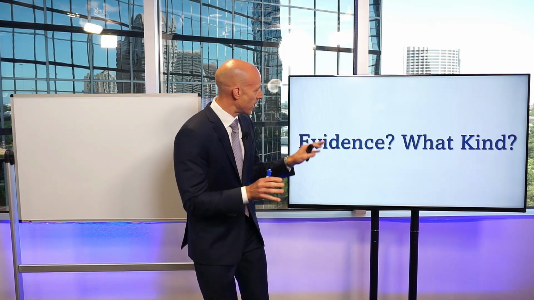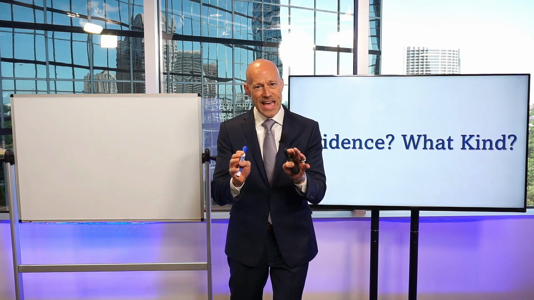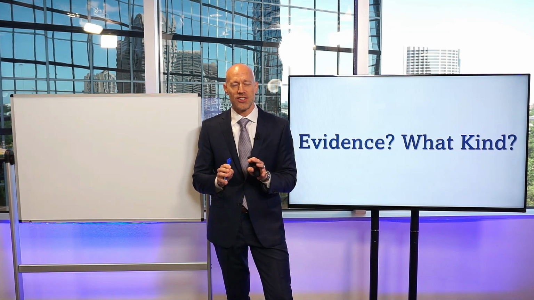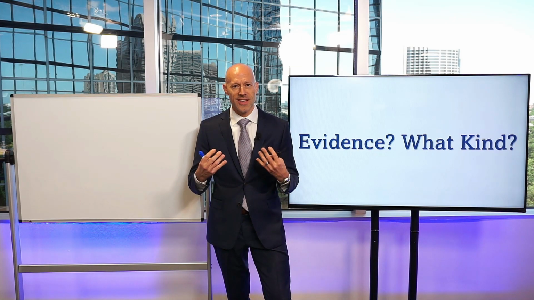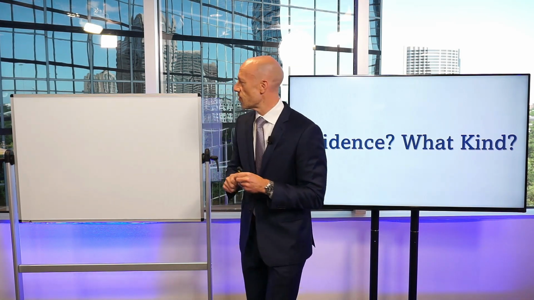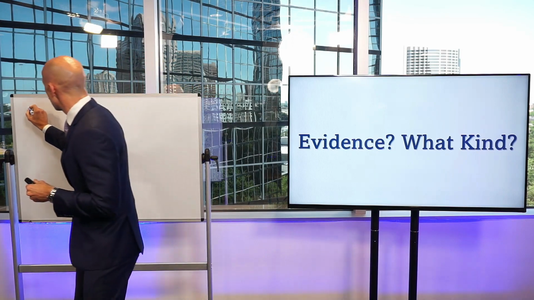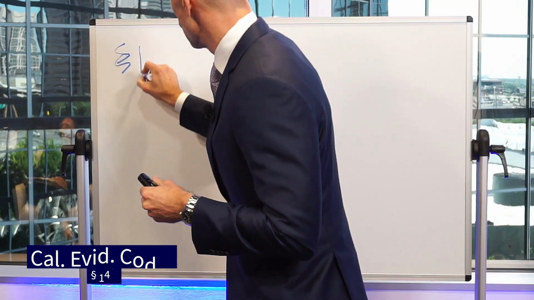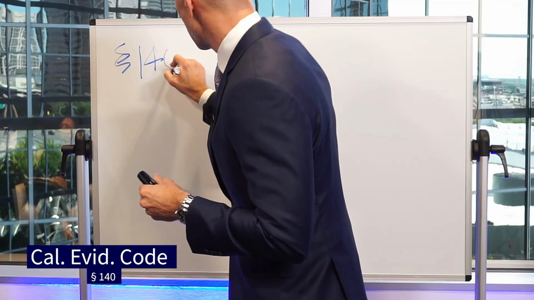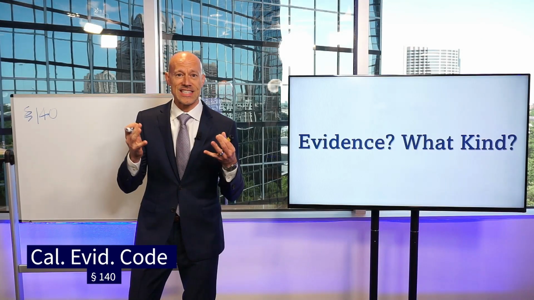And so, when it comes to information on social media, the question, is it evidence? The answer is yes, but let's base it not just on our intuition, but the rules themselves. And so, for example, in California, Evidence Code Section 140 defines exactly what evidence is.